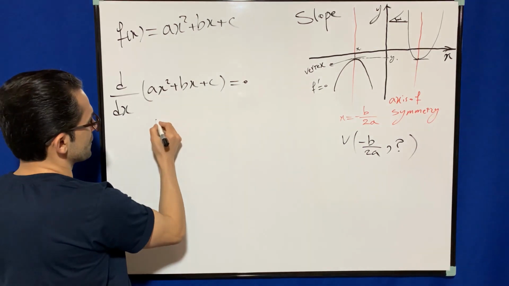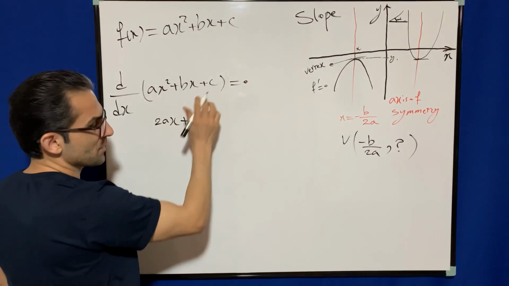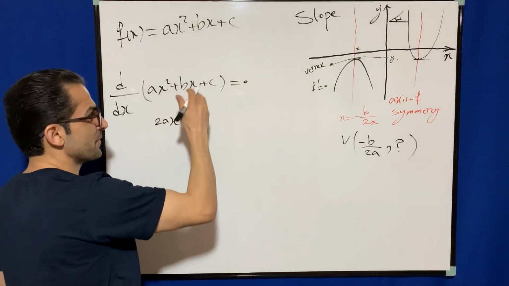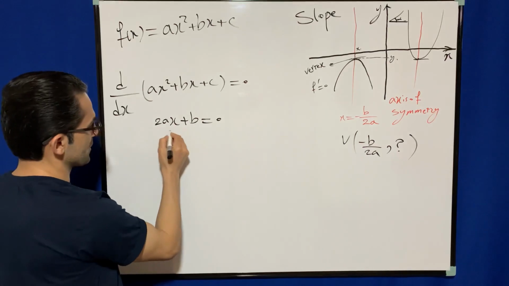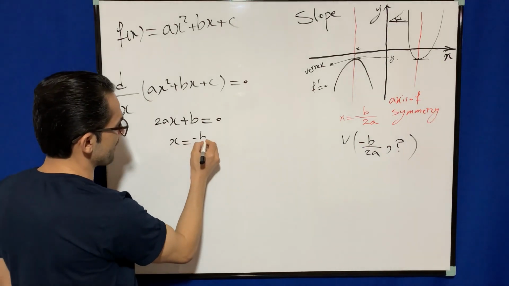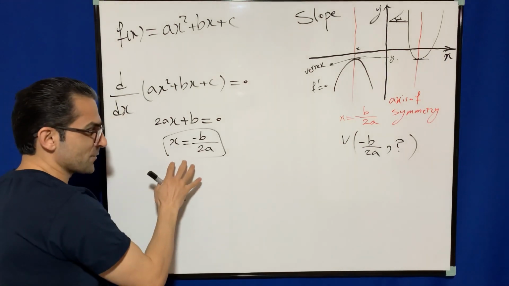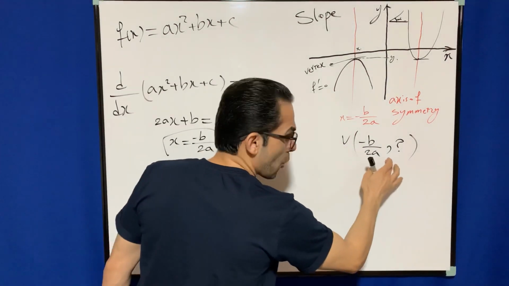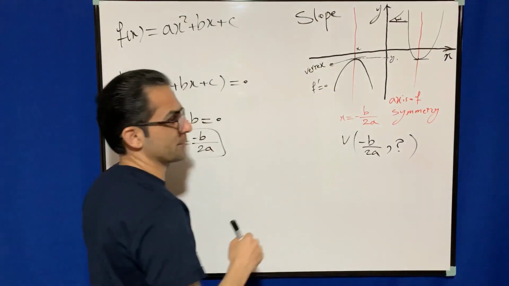The derivative of x squared is 2ax, of bx is b, and c is constant. If we take the derivative of c, the answer is 0. Equals 0. So x equals negative b over 2a. This is why the x coordinate of vertex is the equation of axis of symmetry.